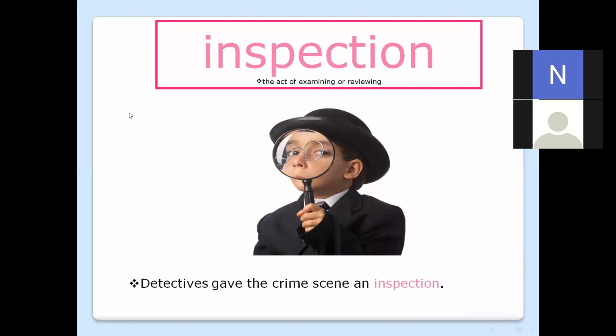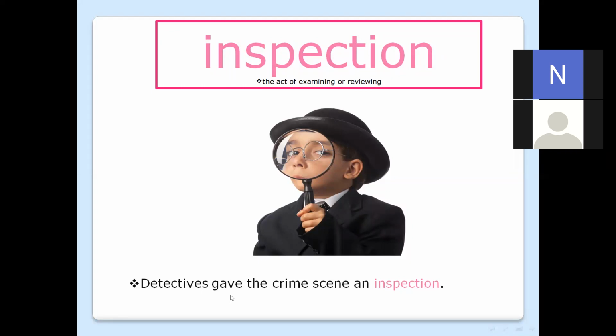Next one, inspection. What do I mean by inspection? Inspection is the act of examining or reviewing.